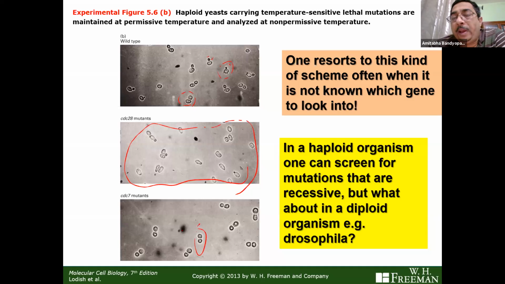When we are growing the liquid culture and adding the chemical mutagen to it, let us say my aspiration is to screen at least 1 lakh colonies, because yeast has 10,000 genes. If I look at 1 lakh colonies, chances are that each of the genes will be mutated at least once in the entire population.